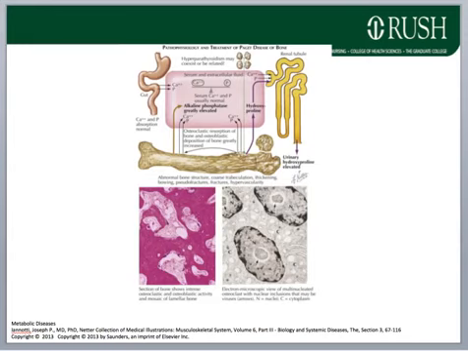I have a couple sections of microscopic Pagets coming up, but one interesting thing about the pathophysiology is that in electron micrographs of bone involved by Paget disease, there are these intranuclear collections of structures that are thought to be possibly virus.